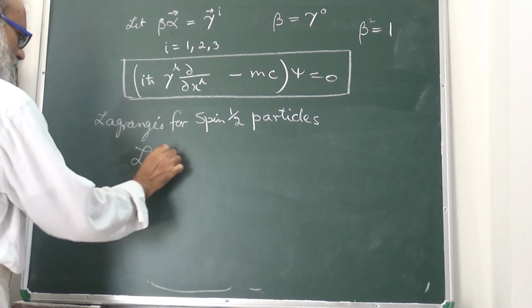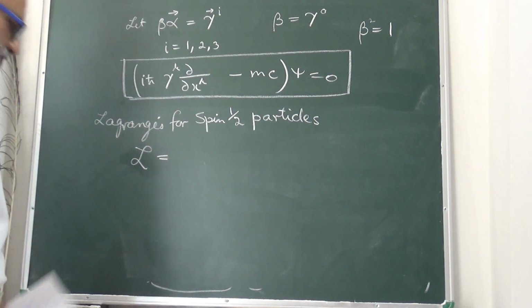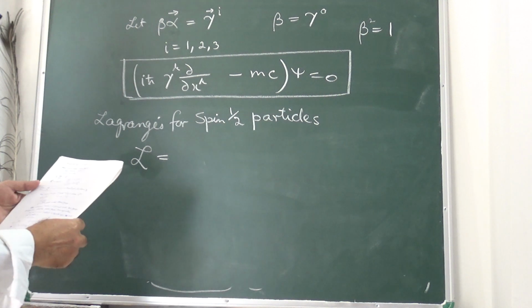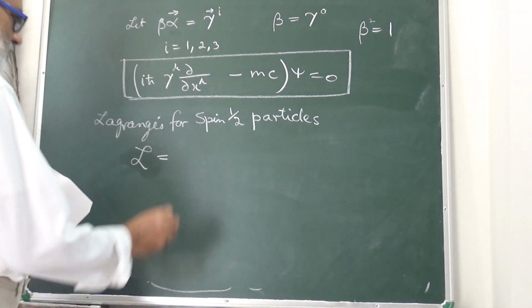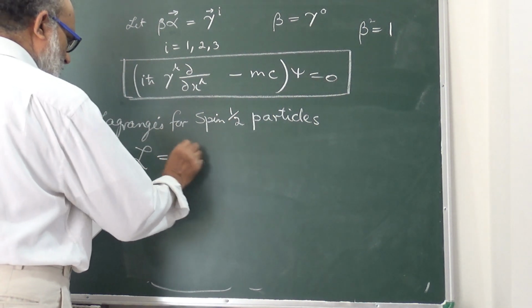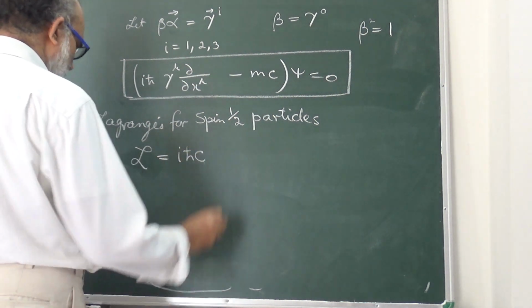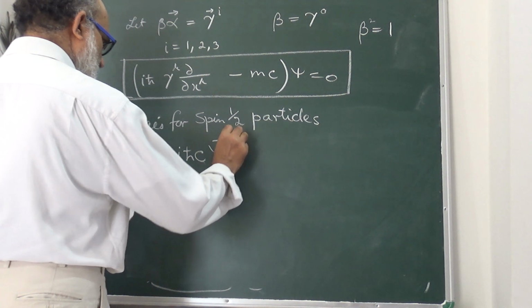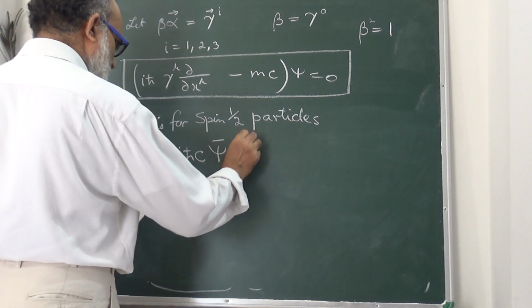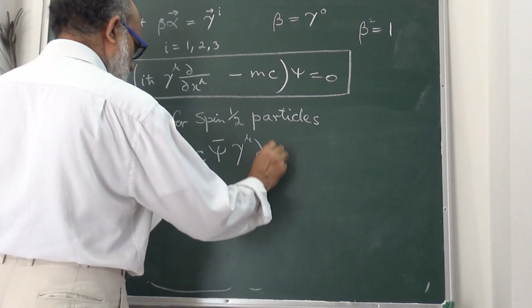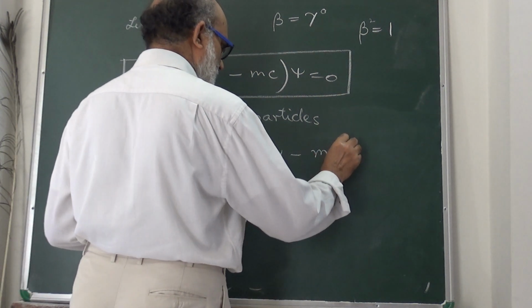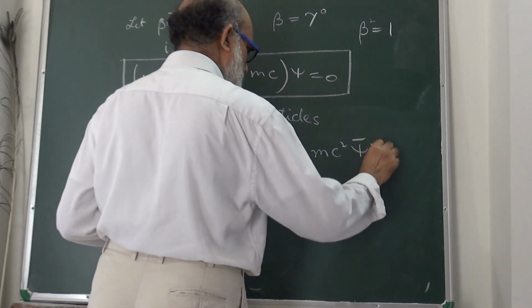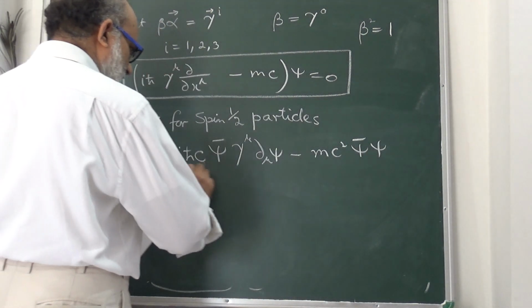Lagrange density for spin half particles. This is i ħ c minus m c square. This is the kinetic energy part.